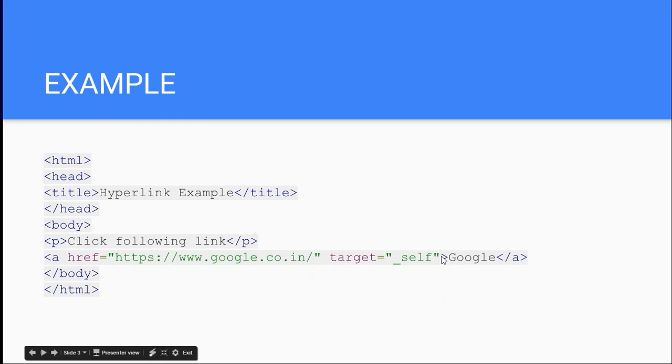In between we write href equals, and we paste the URL here, and we write the target, that is _self. What is this _self? I'll explain that. And we will write the name of the link here. So we say Google, and we close the anchor tag, and we close the body and HTML as well. This is a very simple program. Let us try to execute this one now.